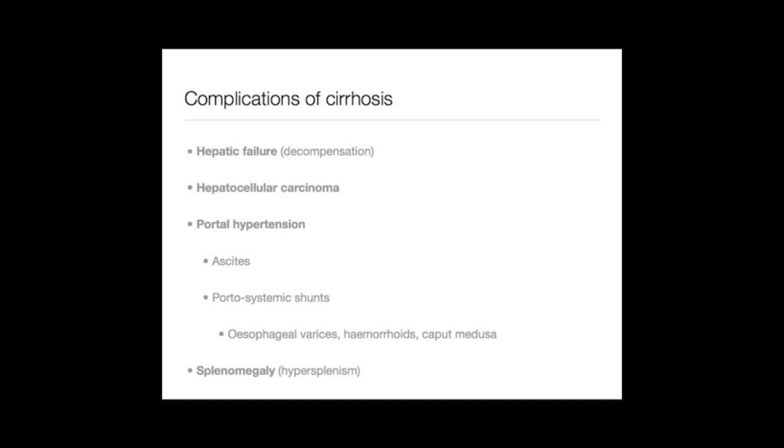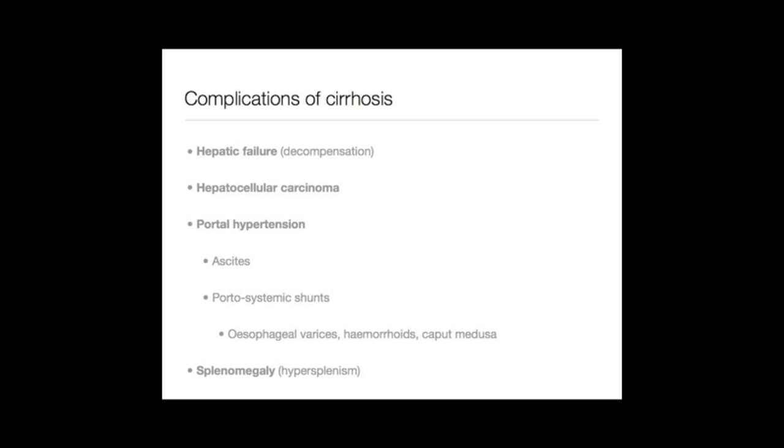And this can result in ascites because of the increased hydrostatic pressure within the gut, and can also affect the sites of portosystemic anastomosis. And these are areas where the portal system anastomoses with the systemic venous system. There are three main areas where this occurs: in the lower esophagus, in the rectum, and also around the umbilicus.